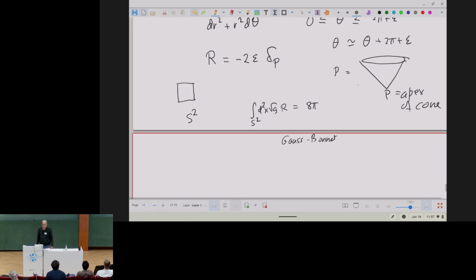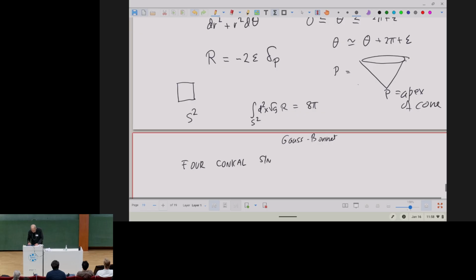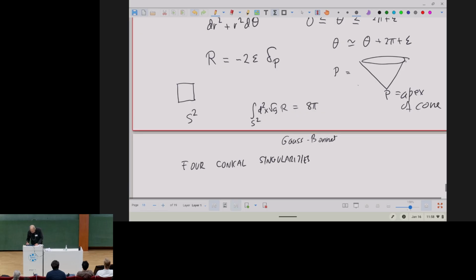Now, an example of a metric on the two-sphere is to take two identical squares and glue them together. That gives a metric that's flat except for 4 conical singularities, each with theta equivalent to theta plus pi. So epsilon is minus pi.